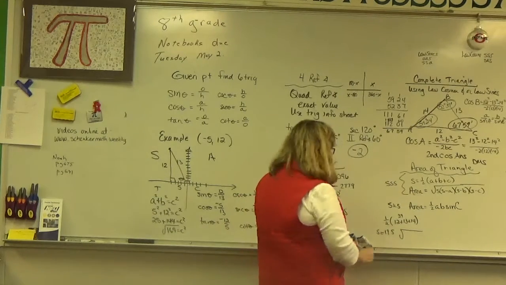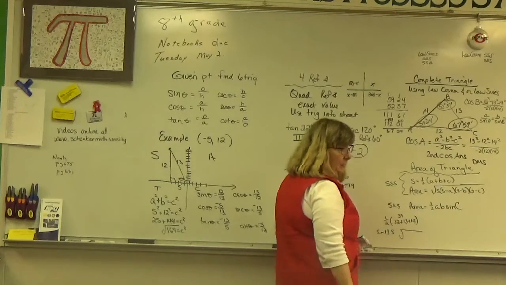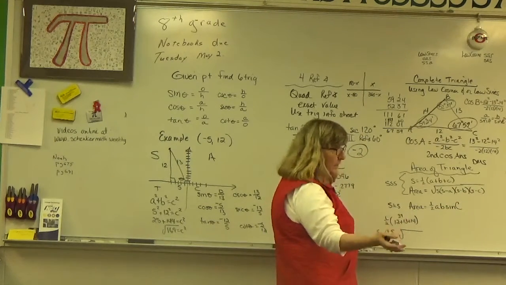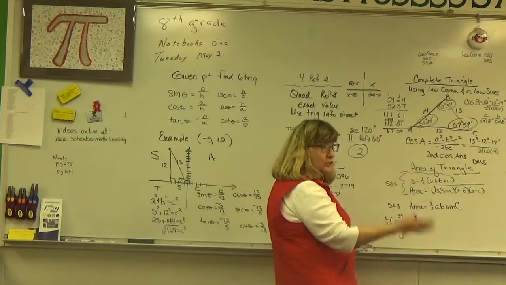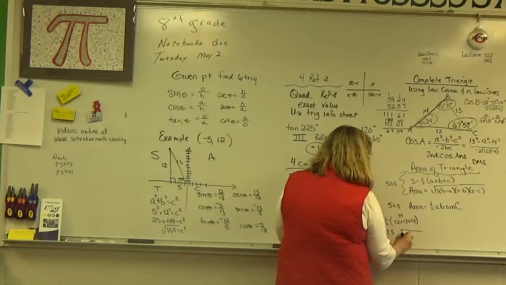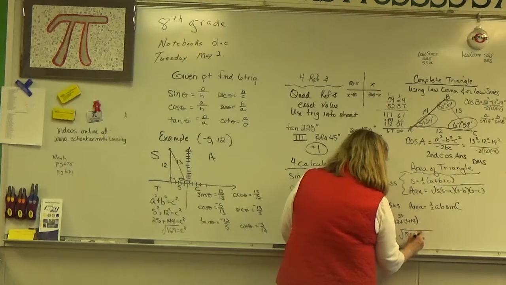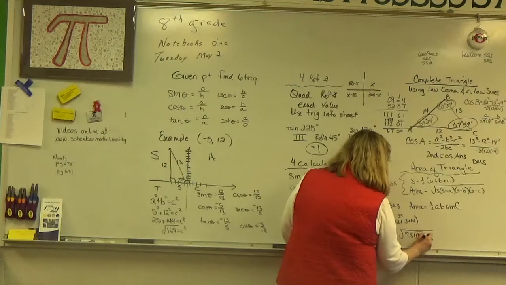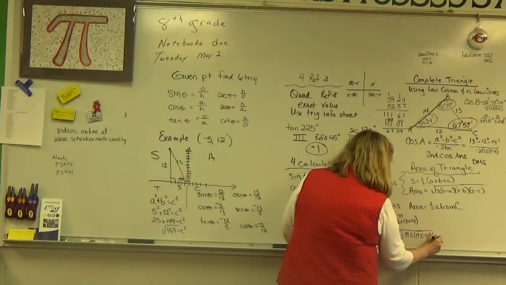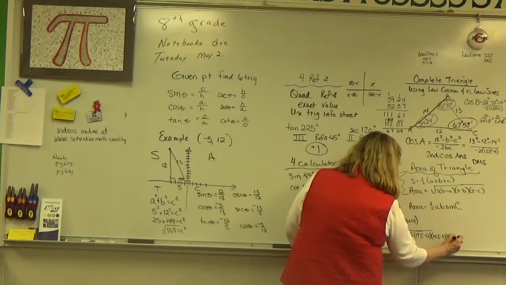Okay, so now I know what S is, I put it into this formula. And again, I'm one of those people that, you've got a calculator, use the calculator. The calculator can do the work for you if you know how to use it. It's the square root of 19.5 times parentheses 19.5 minus the first side, times parentheses 19.5 minus the second side, times parentheses 19.5 minus the third side.